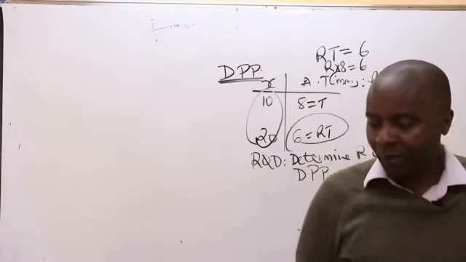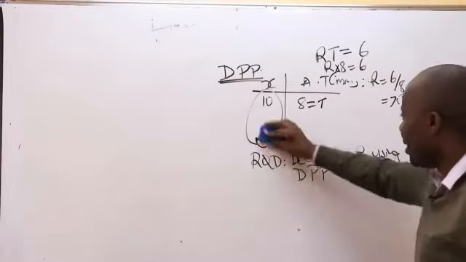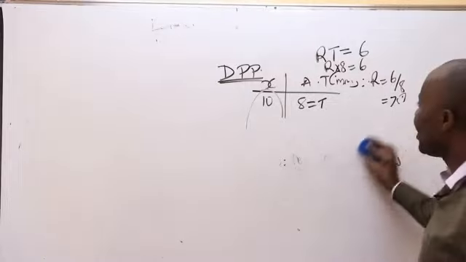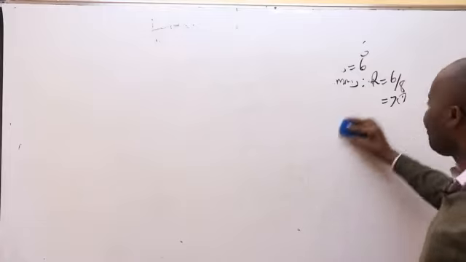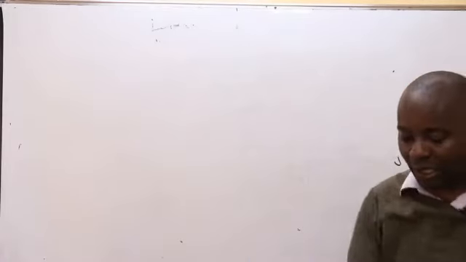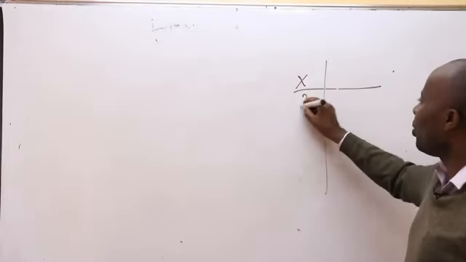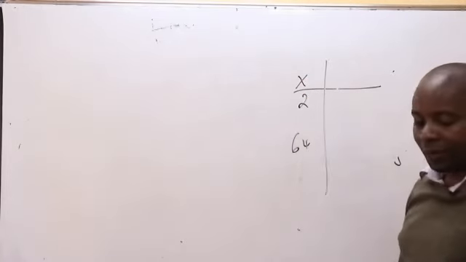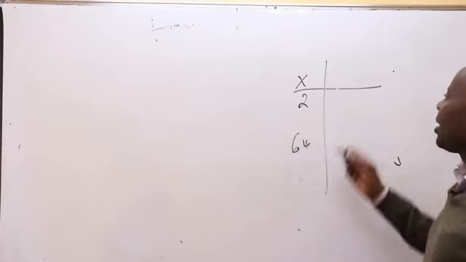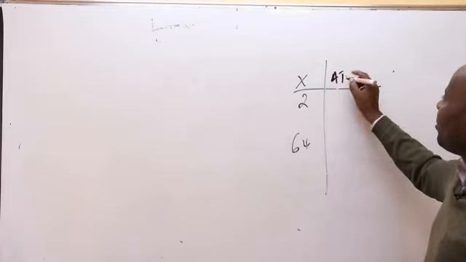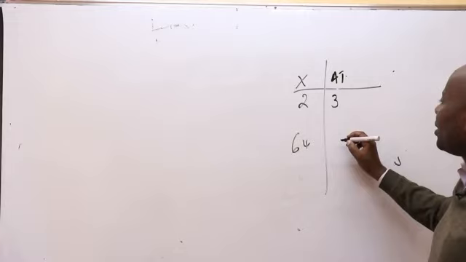Now, ladies and gentlemen, from there we go to the next thing. The next thing here is another illustration, if you don't mind. The more illustrations we do, the better off we shall become. So we are given here x to 64, and then they have given us the average time is 3, 2.